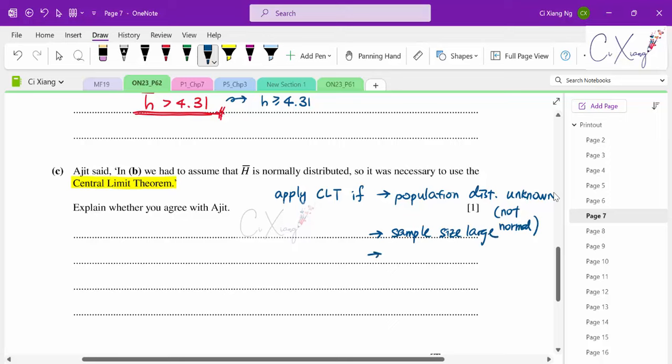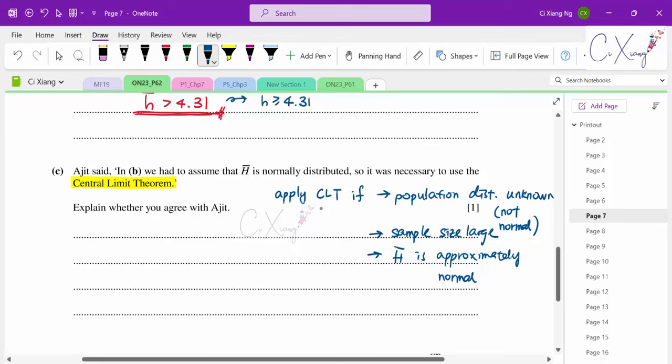Then only can we assume that the sampling distribution is approximately normal. So this is what we have for the central limit theorem. If the population distribution is not given, or we don't know the distribution, or it is not normal, it can be binomial or whatsoever, but if you want it to become normal in your sampling distribution, you have to make sure that the sample size is large, and we apply the central limit theorem under that condition.